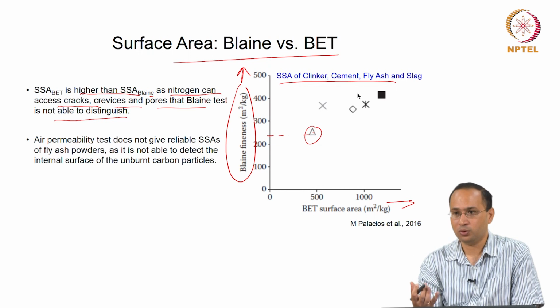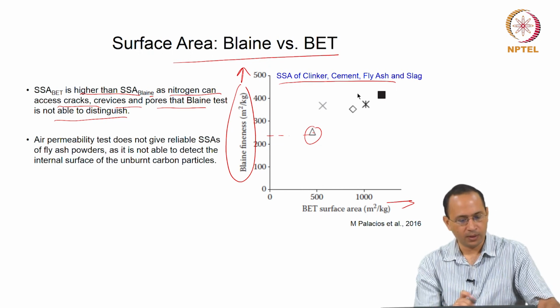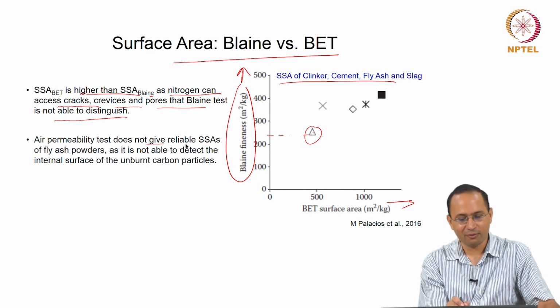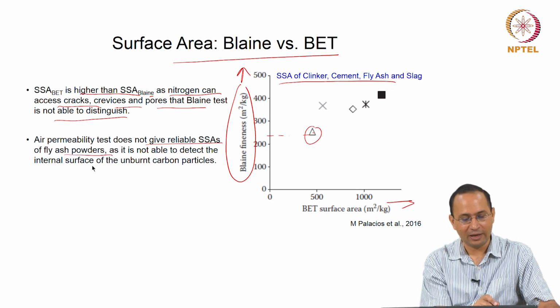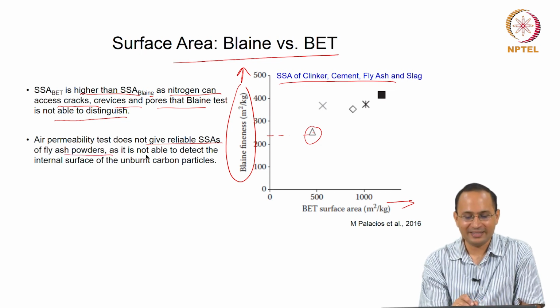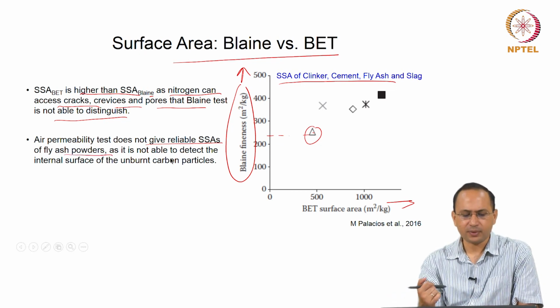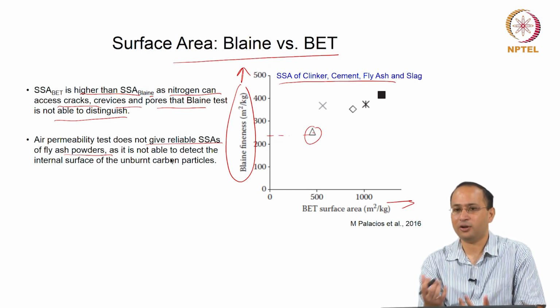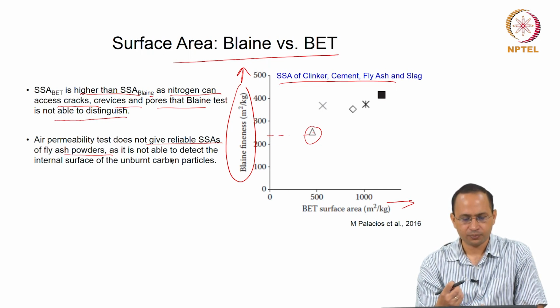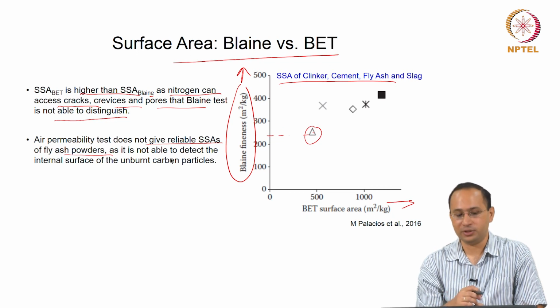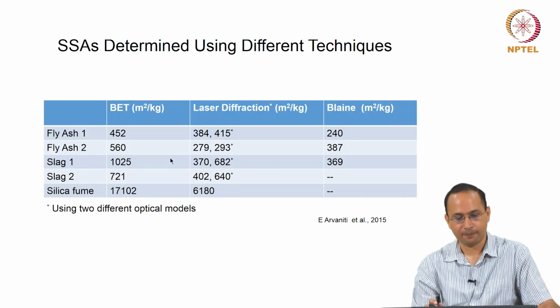That is good to know. Also, the air permeability test does not give reliable area values for fly ash powders, as it is not able to detect the internal surface of unburnt carbon particles. A lot of times you have unburnt carbon in fly ash, so that internal surface we cannot measure using air permeability.